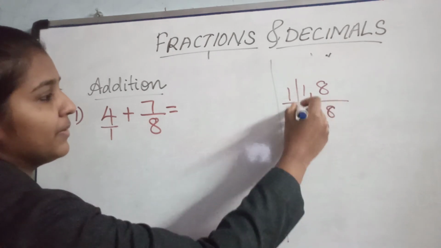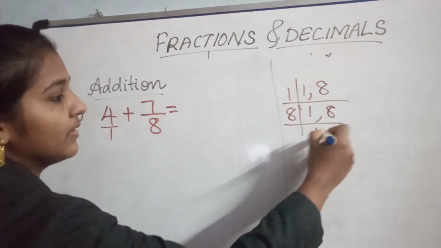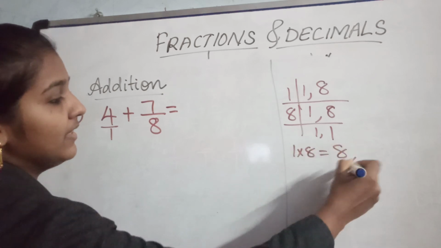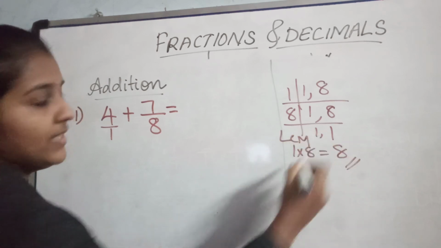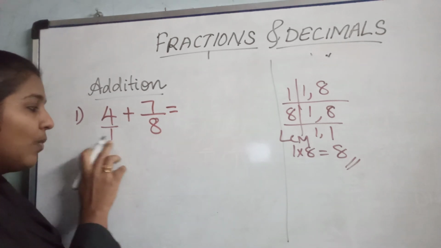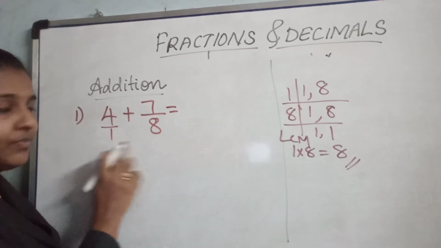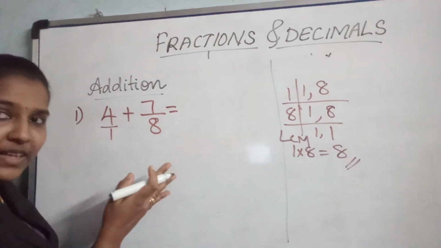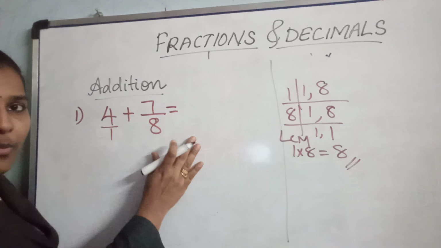Bring down 8, and 8 and 1 time. So 1 into 8 is 8. This is the LCM, isn't it? So you have to make 1 as 8 and you have to change 8 to 8. It is already 8, so no need to do any operation here.